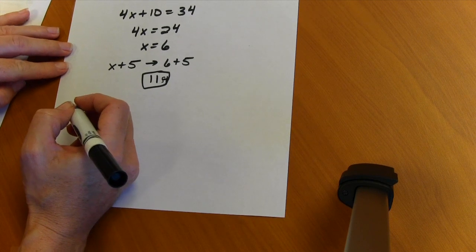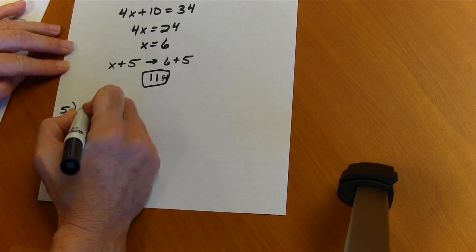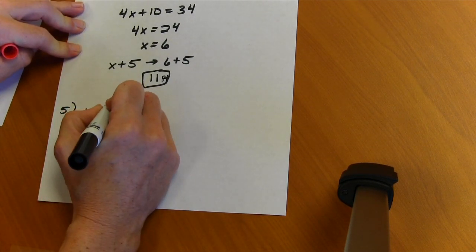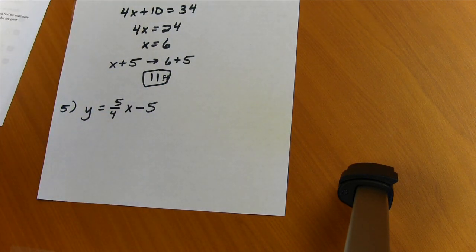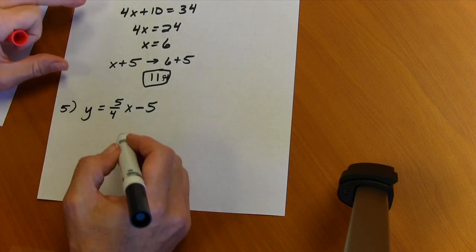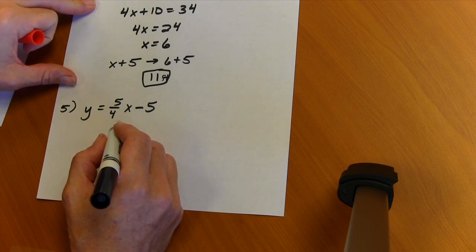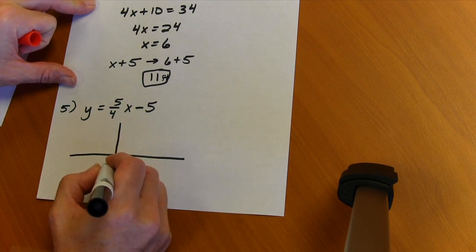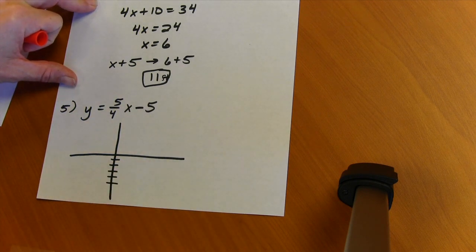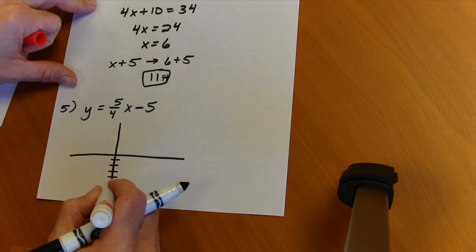Number 5, graph. This is an mx plus b problem. You are going to plot b. Of course, you know I encourage you to use graph paper, but we want to keep this video going.